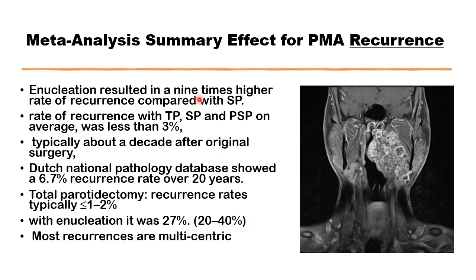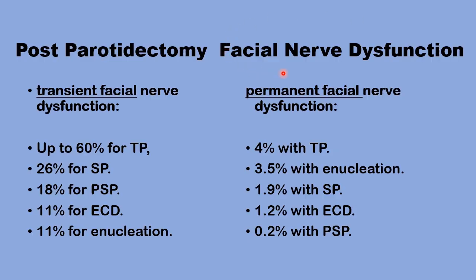This is a 9 times higher risk of recurrence. And these recurrences would be multicentric, as you could see, and very difficult to excise and resect completely in a revision surgery. Of the other serious complications, the facial nerve dysfunction postoperatively.